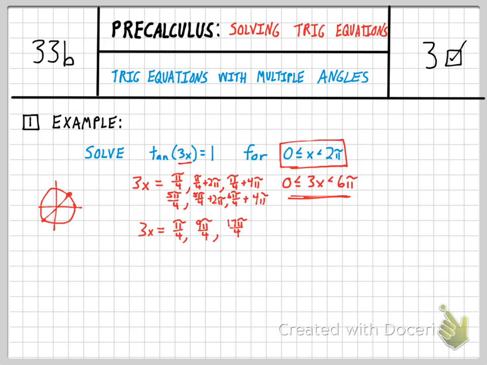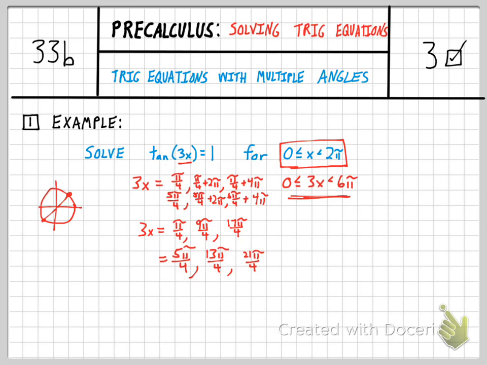Then I also have 5 pi over 4 and 5 pi over 4 plus 2 pi, which is going to be 13 pi over 4. And then I also have 5 pi over 4 plus 4 pi, which is going to be 21 pi over 4. So I actually end up with 6 answers.